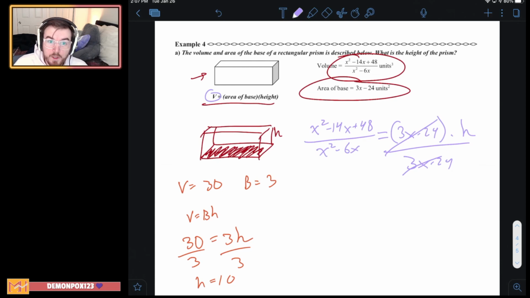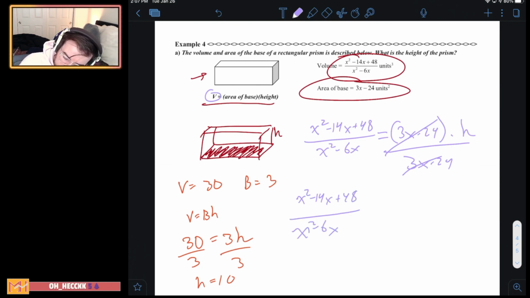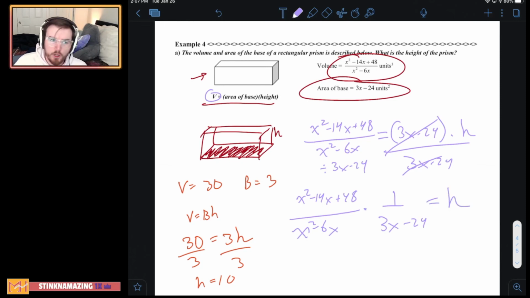Well, when you divide, that's the same thing as multiplying by the reciprocal. So if we just divided by 3x minus 24, that's the same thing as multiplying by the reciprocal, and that equals h.